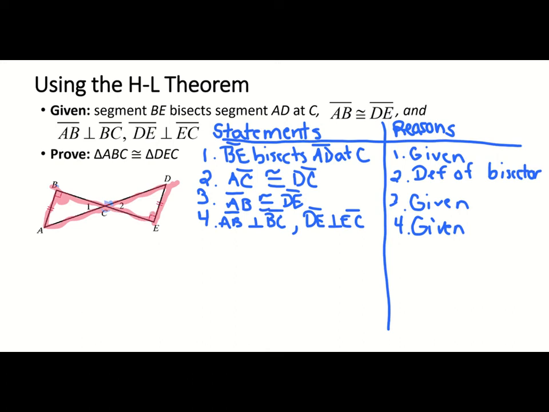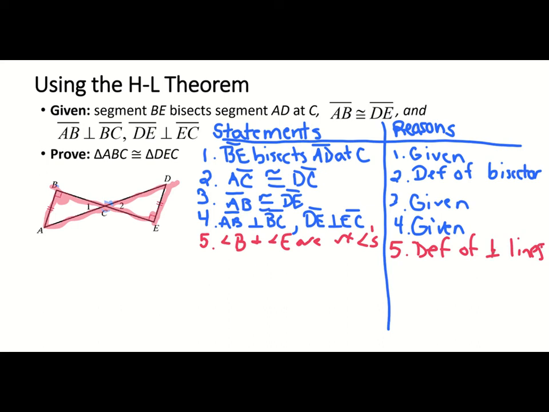So I can say that angle B and angle E are right angles. And that's our definition of perpendicular lines. I just use the symbol for perpendicular.